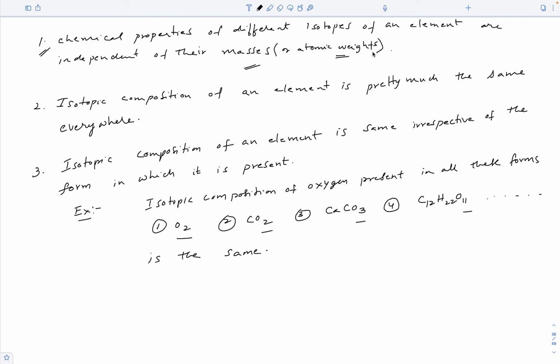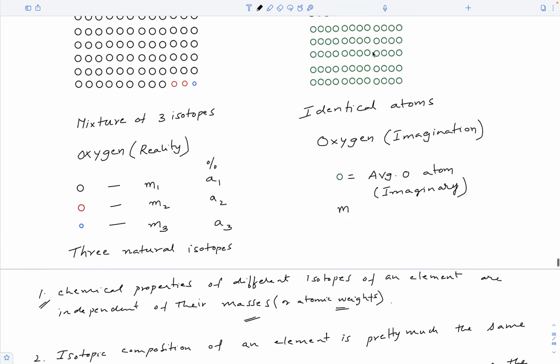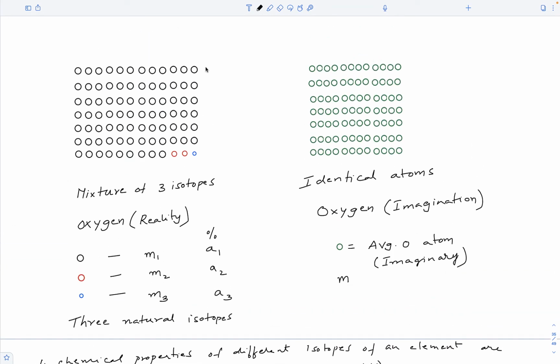Because of these reasons, we can ignore the fact that the element is actually a mixture of different naturally occurring isotopes and consider that it is made up of identical atoms to avoid dealing with multiple isotopic weights. This picture solves our problems.